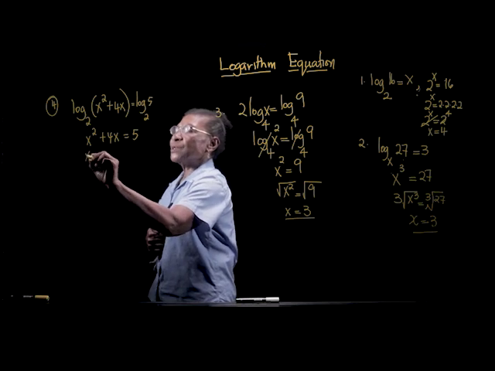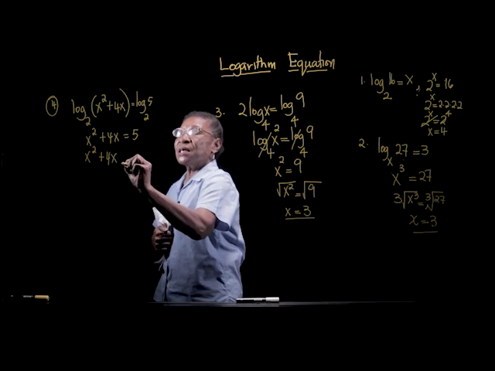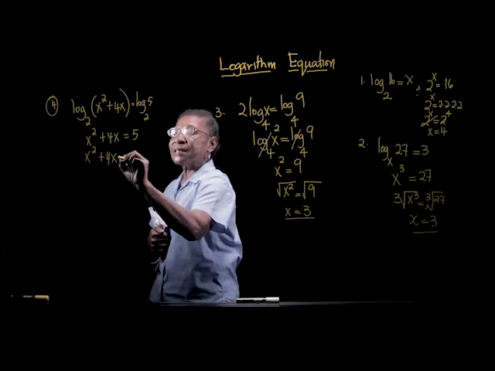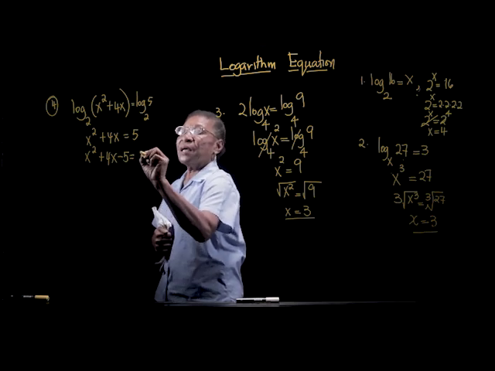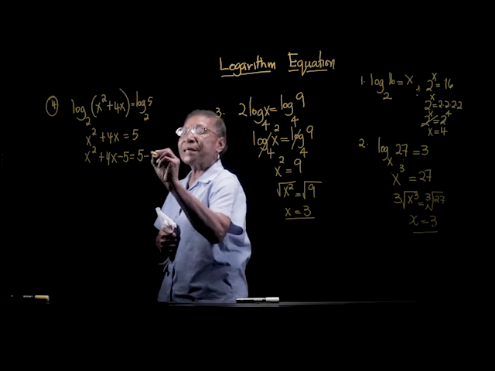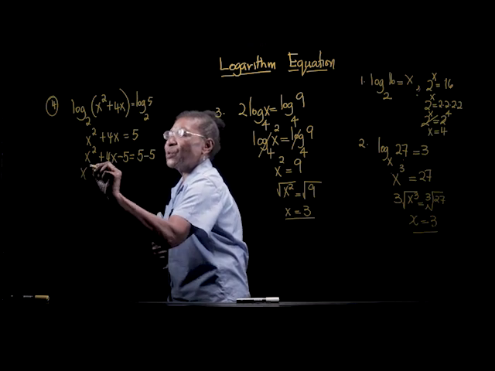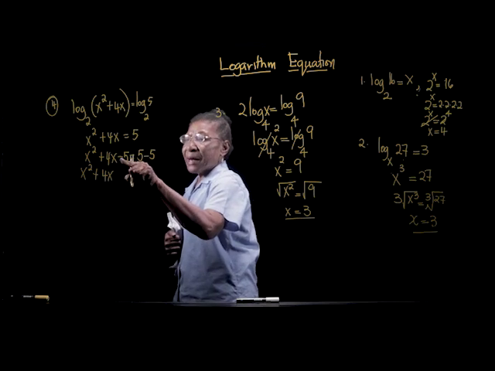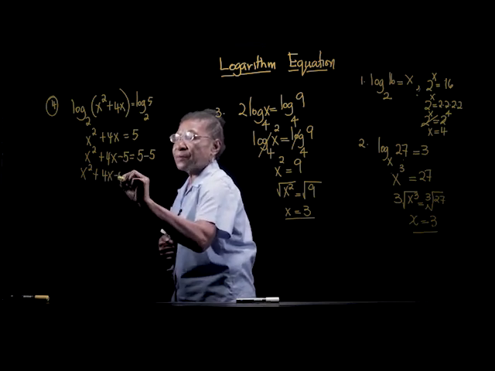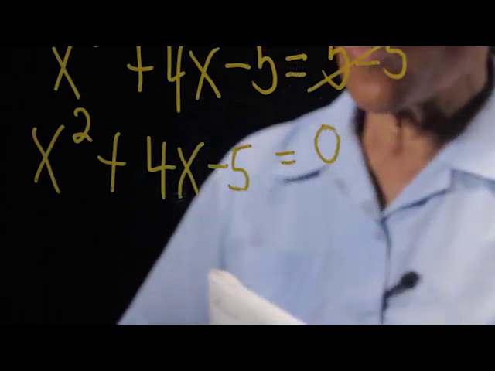So that would give us x squared added onto 4x, and you subtract 5 from both sides, so that gives minus 5 is equal to 5 minus 5. Simplifying that gives x squared added onto 4x minus 5 remains, but the right side goes off and I'm left with 0.